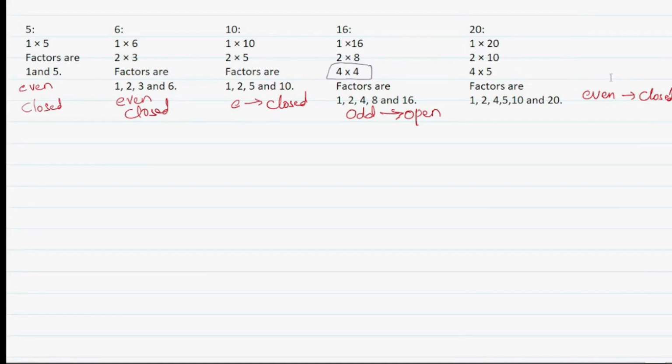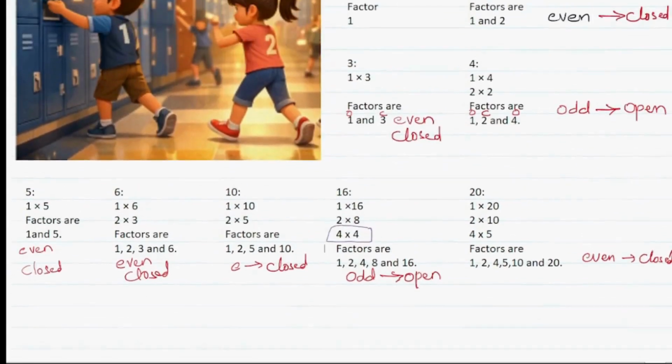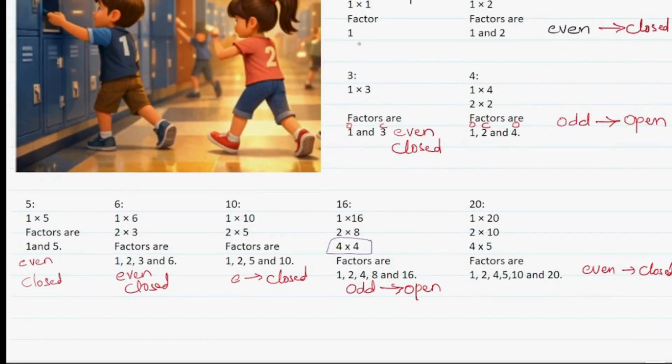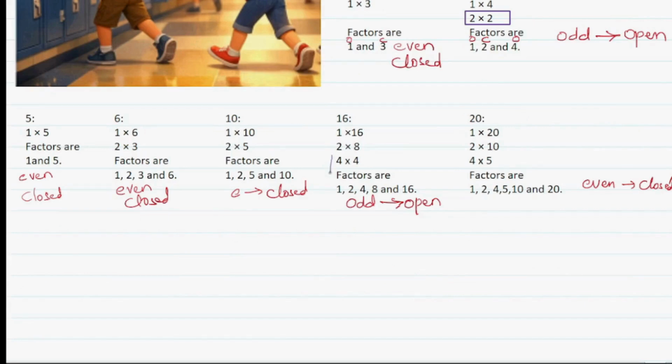Here odd number of factors again. The repeated one. Factor pair in which a number is multiplied by itself, then they have an odd number of factors.